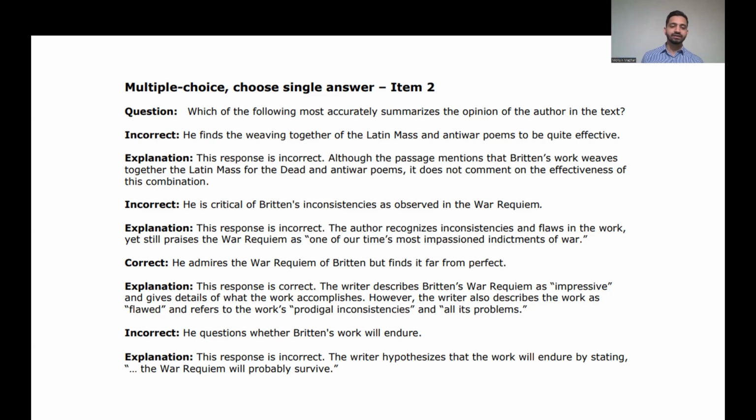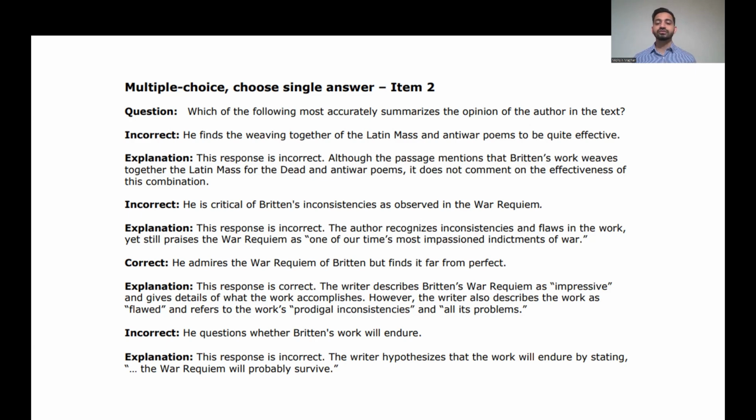But if you think about the third option, he admires the War Requiem of Britain, but finds it far from perfect. Why is this correct? Because the writer describes Britain's War Requiem as impressive, and it gives details of what the work accomplishes.